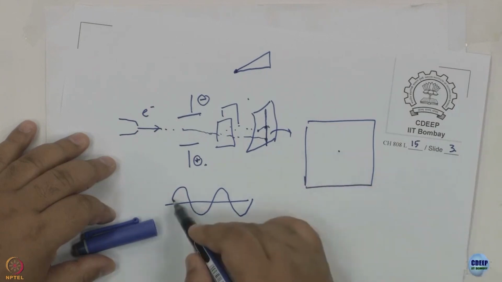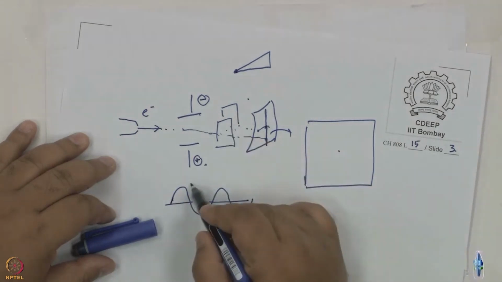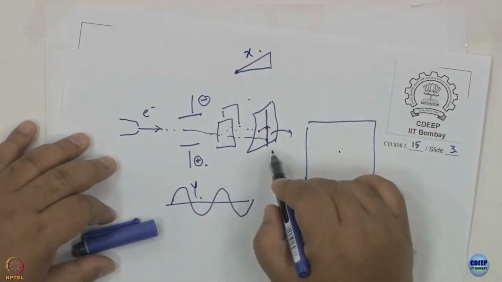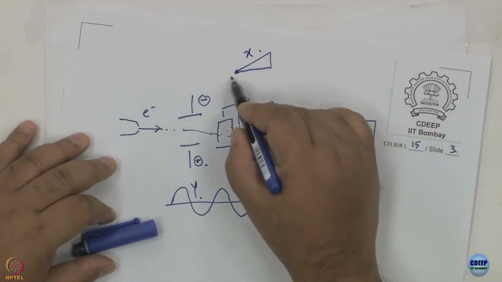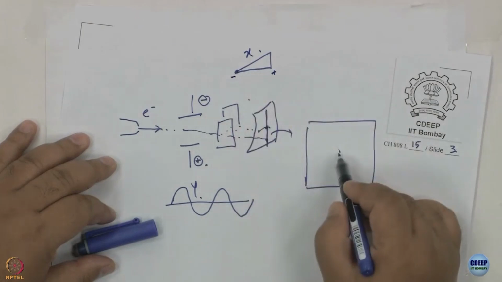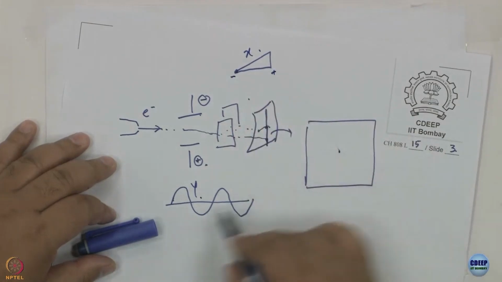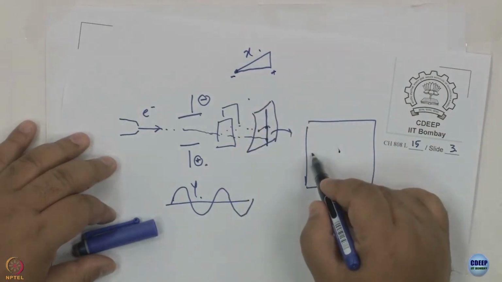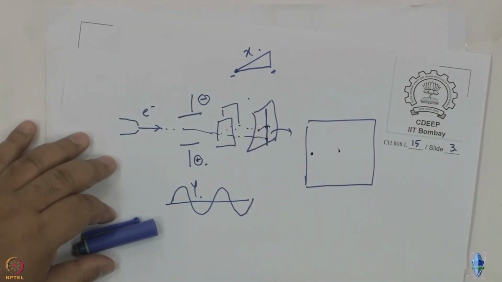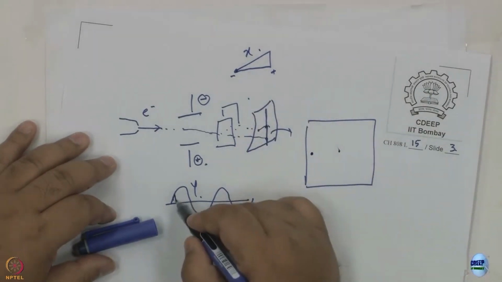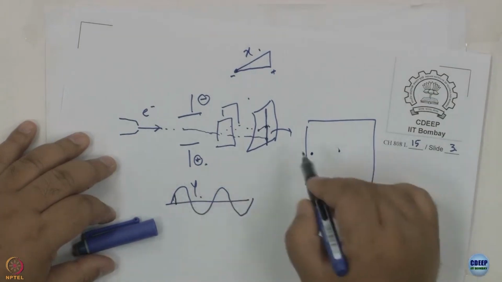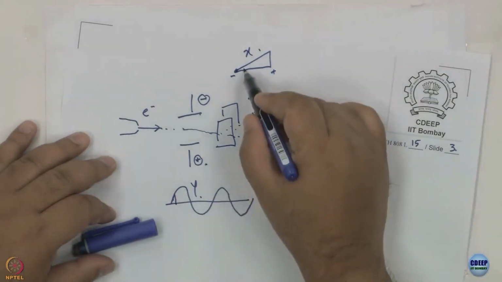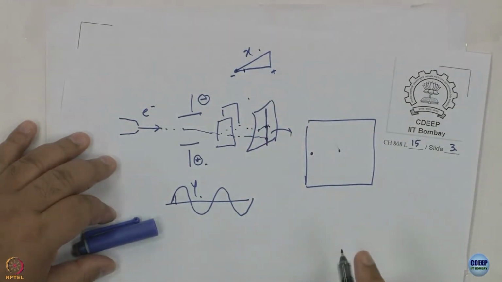At initial time, along the y direction you have applied this signal, along the x direction you have applied this, and let us say this is such that this is negative and this is positive. So, what will happen? At 0 time, no displacement along y, and let us say this voltage is such that this spot is displaced here. After some time has passed, along the y direction there should be a positive deviation, along the x direction there should be a deviation towards the center.